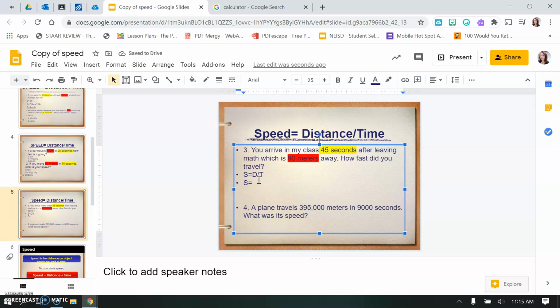So our speed equals distance divided by time. So take your distance, which was 90 meters. We're going to divide that by the time, which was 45 seconds, S. So our speed would equal 90 meters divided by 45 seconds.